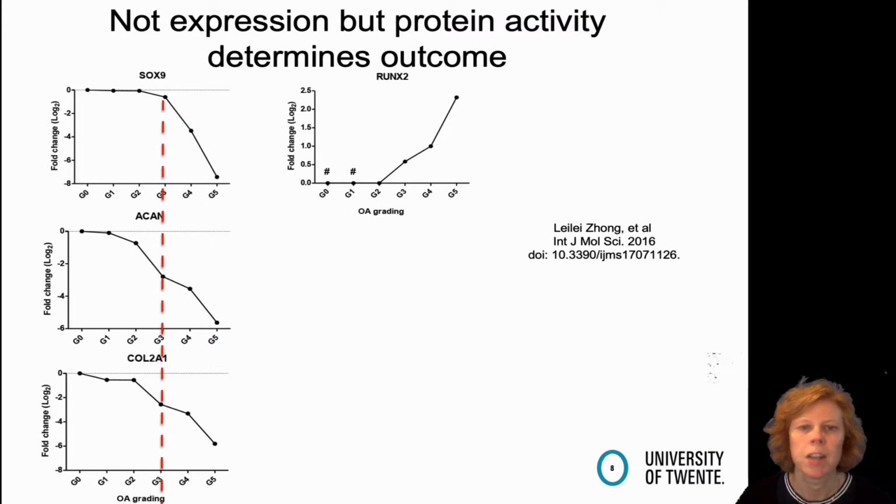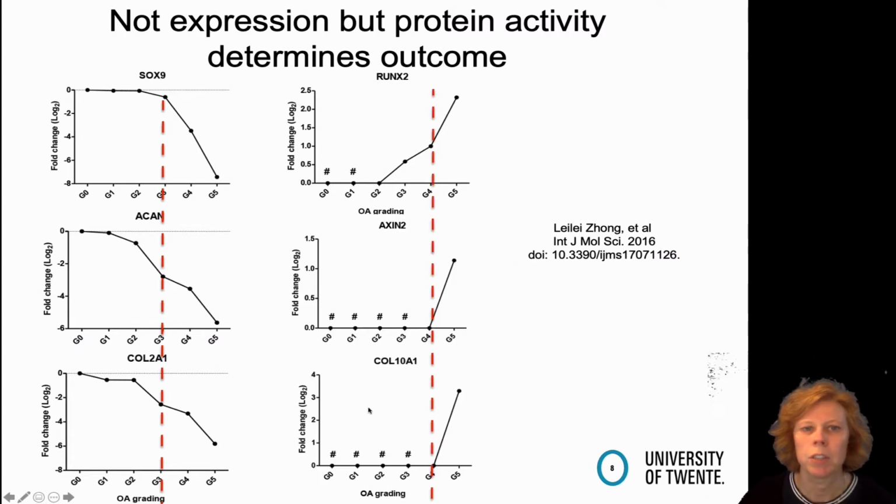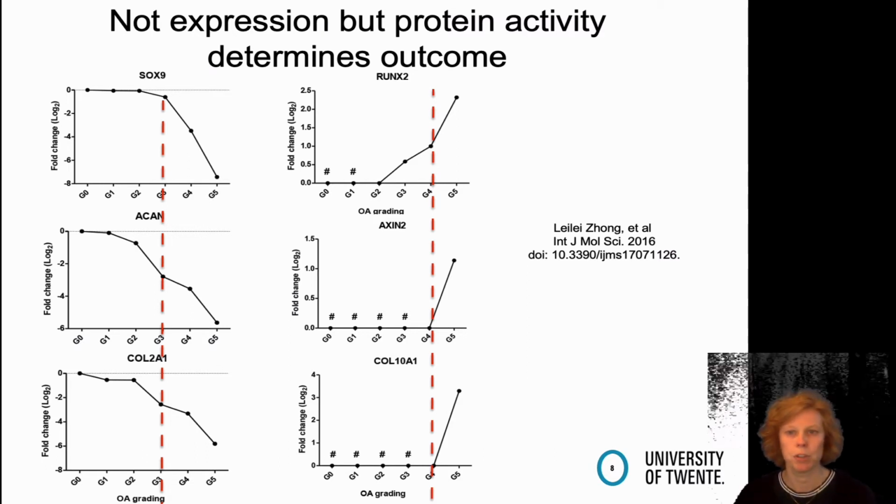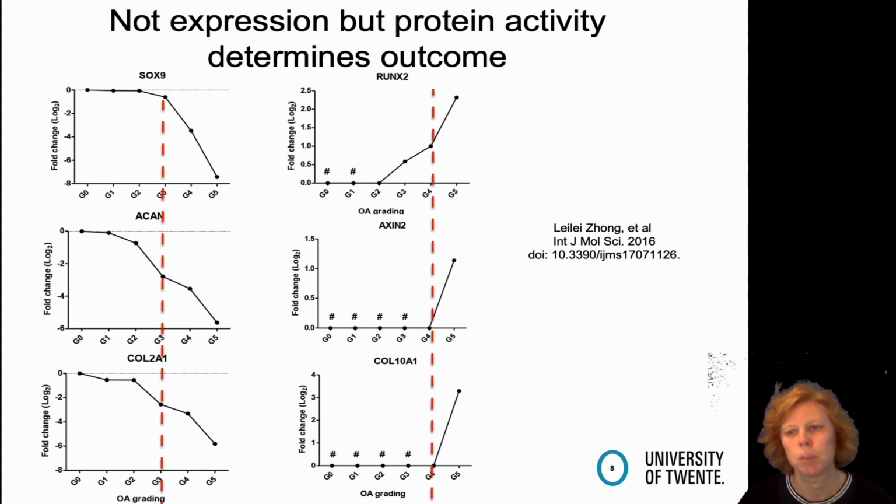This indicates that although SOX9 is still highly expressed, its function or its activity is decreased. As expected, genes correlated to the activity of RUNX2 are now seen much later during OA. So this shows that not expression of SOX9 and RUNX2, but the protein activity determines the outcome. And it is therefore important to investigate protein activity.